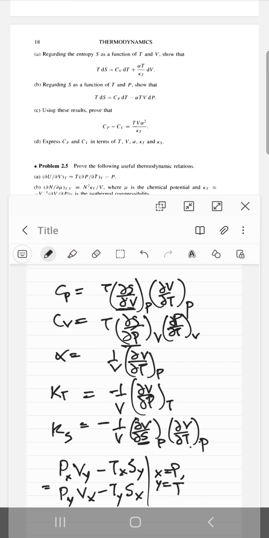I see something. Yeah, I see something. I get it. I kind of get it. That's okay. Yeah, right. That makes sense. So this is like P and V. This is also P and V.